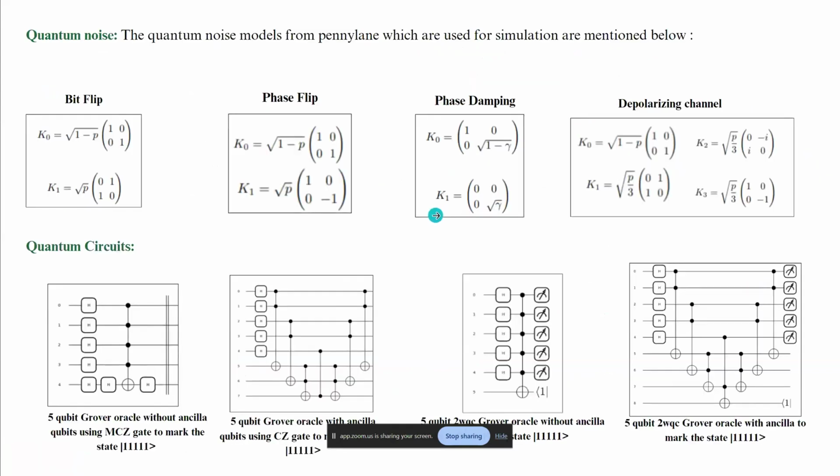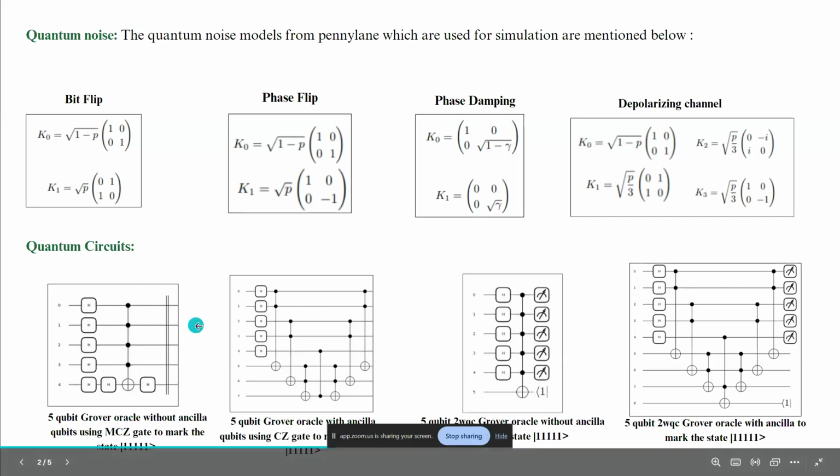Then here are some snippets from the quantum circuits that we tested out. Let's go to the quantum circuits first. The circuit on the bottom left corner is a 5-qubit circuit where an MCZ operation is implemented, followed by a diffusion operation.